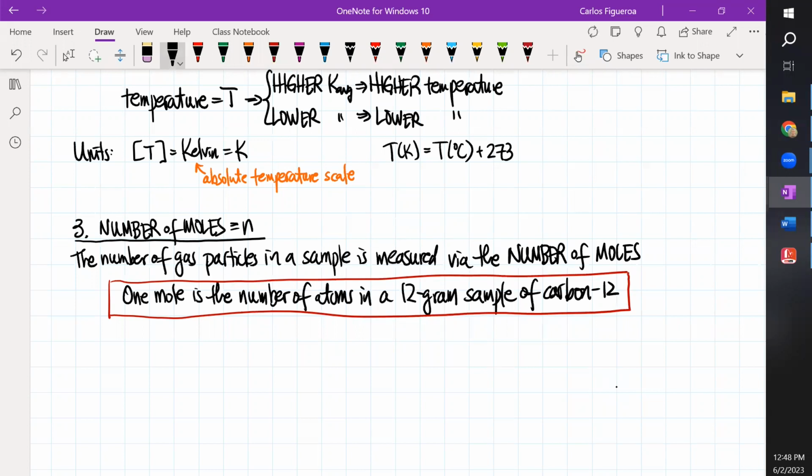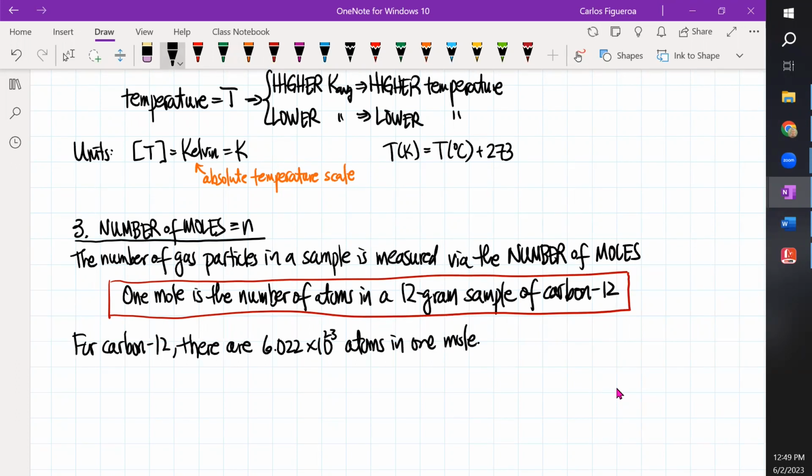So it turns out that for carbon-12, there are 6.022 times 10 to the 23 atoms in 1 mole.